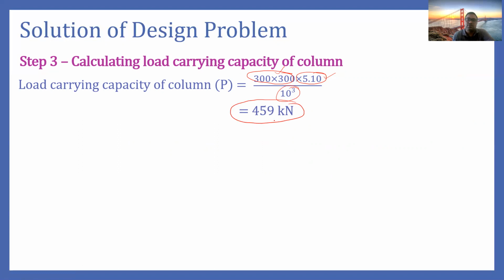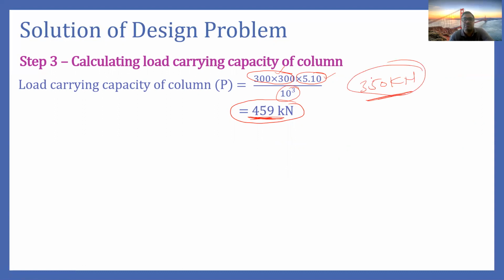The size of column we have provided, 300 by 300, can take this much load, while the load required to be supported was 350 kilonewton. So you can see the load carrying capacity is 109 kilonewton higher than the required.